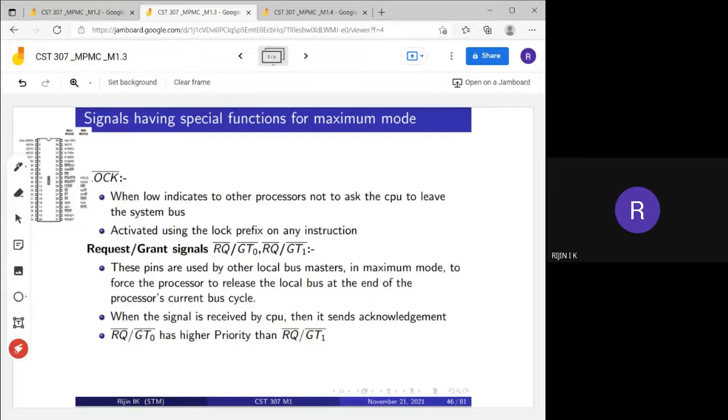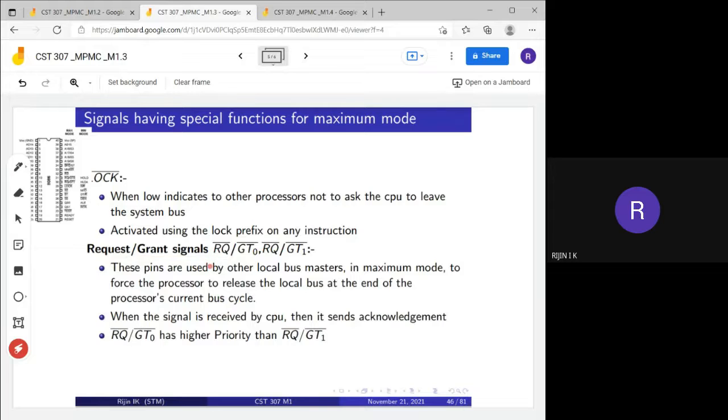So that is the grant signal. If a processor receives a request from another processor to access the local bus, then the current processor, after completing its bus cycle, will send the acknowledgement signal. So that is the grant signal.